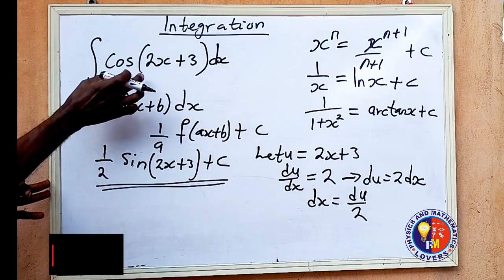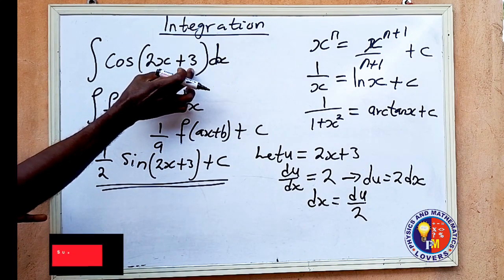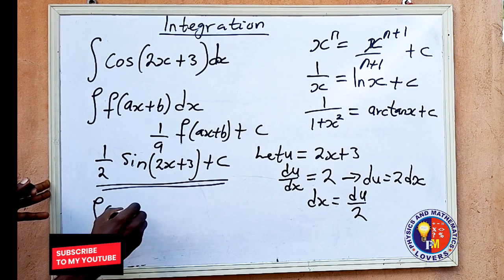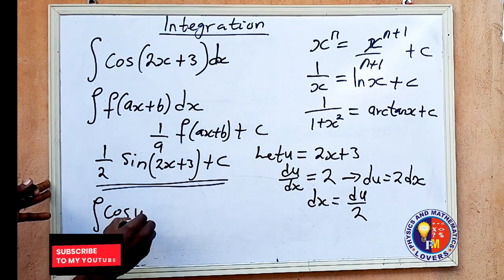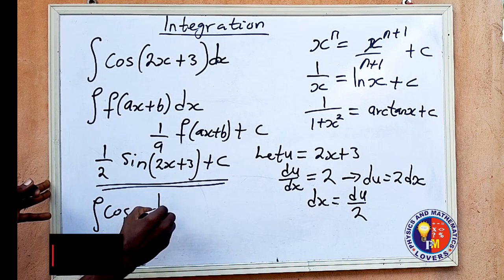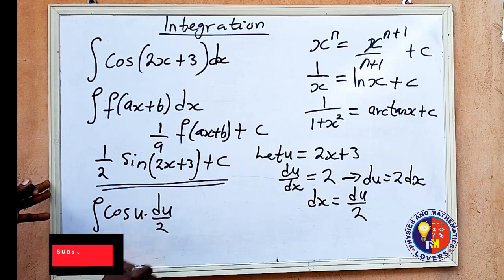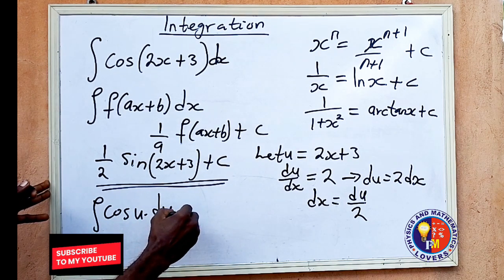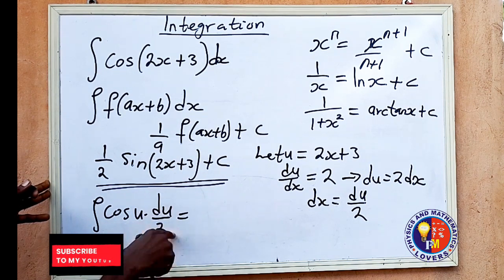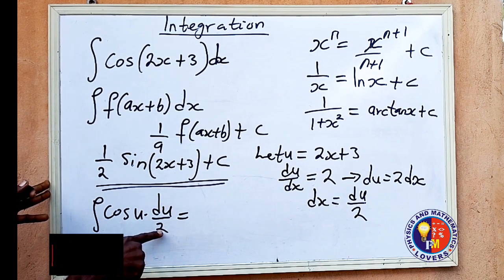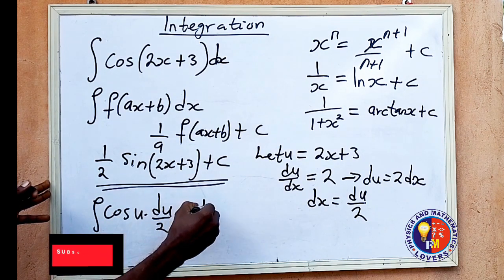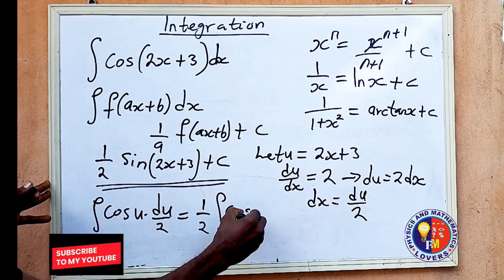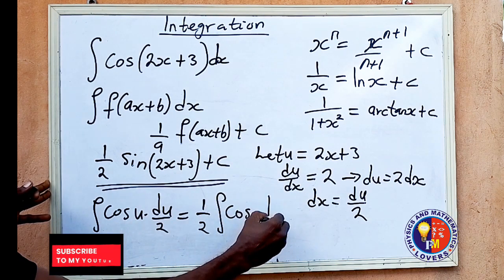So come and plug this value into this expression. Of course, inside here becomes your u, so that we then have the integral of cos u times du over 2. At the end of the day, we take this 2 here as a denominator, and it becomes half the integral of cos u du.